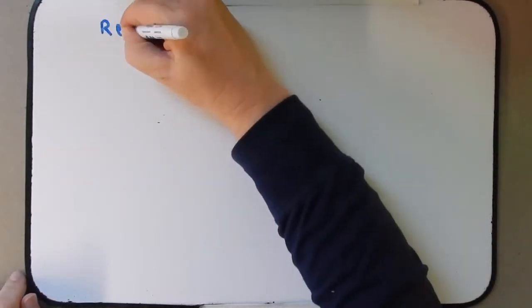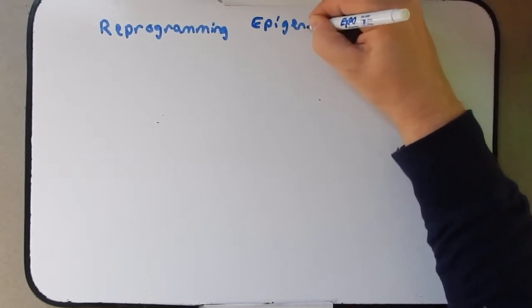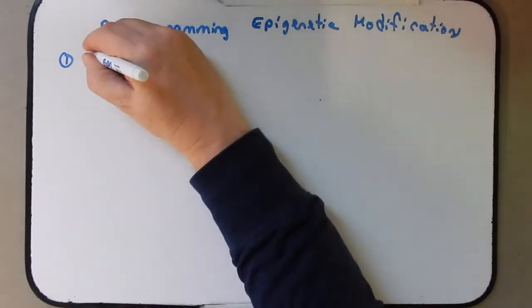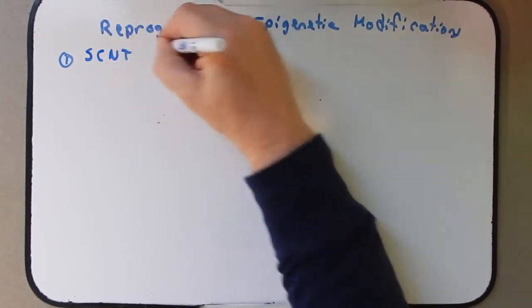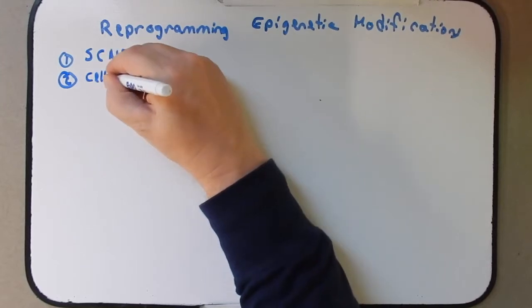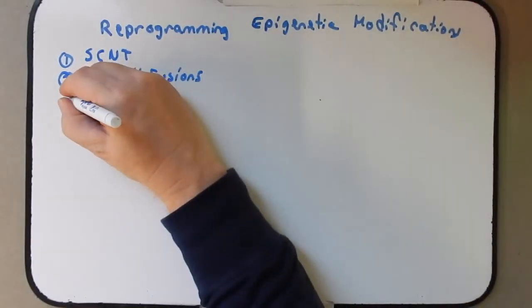In this podcast, we're going to continue our discussion of reprogramming epigenetic modifications. Remember, we've already talked about somatic cell nuclear transfers, and we've talked about cell-to-cell fusions. We want to talk about two more in this podcast.